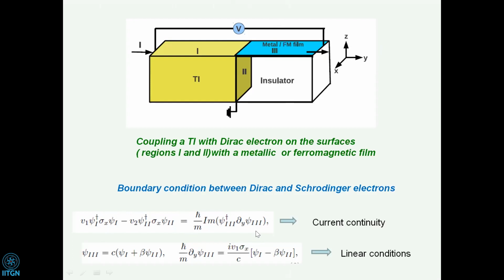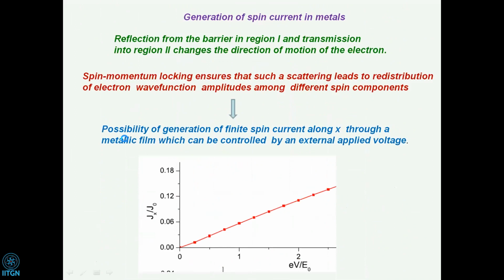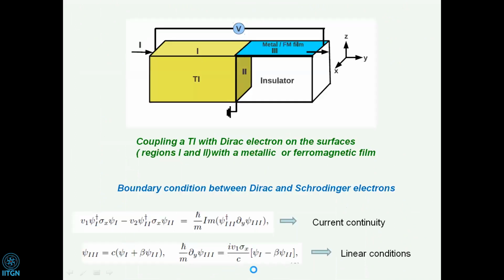Okay. So this current continuity essentially leads to two linear conditions. One is something similar to continuity of the wave function out here, and the other one is same as continuity of the derivative of the wave function. However, notice that there is always an unknown factor C, which cannot be determined from this effective low energy theory.